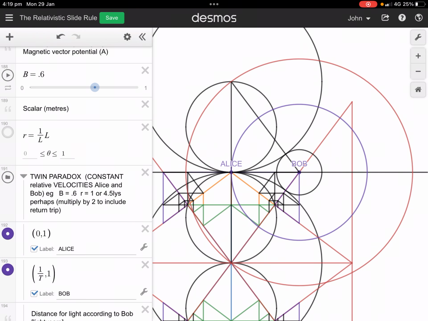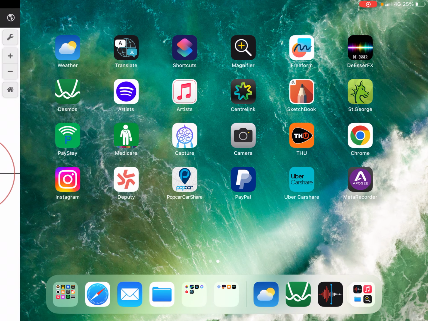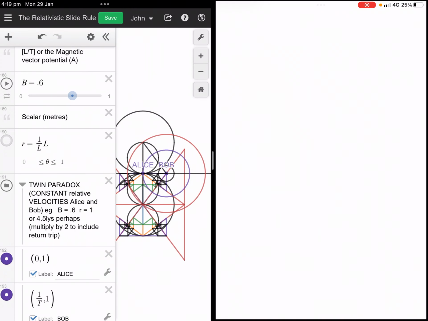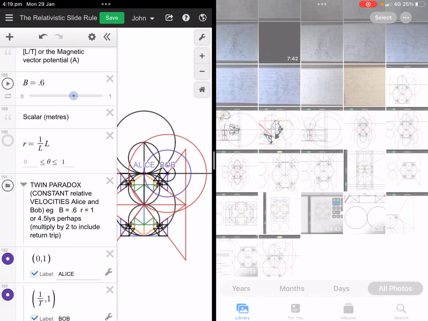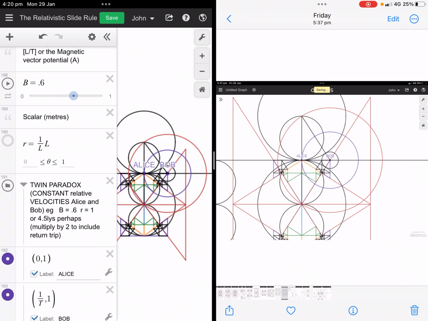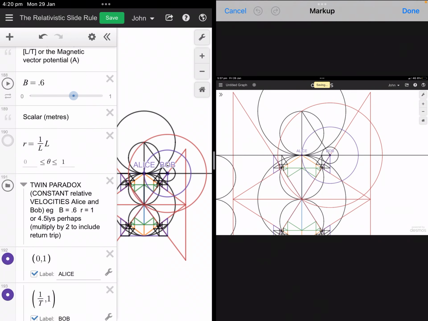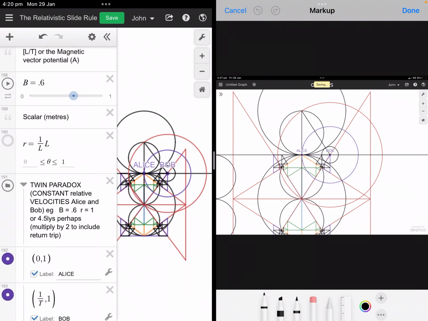I'm going to have to split the screen and get something up. This one. Yep. So I can draw on this one.